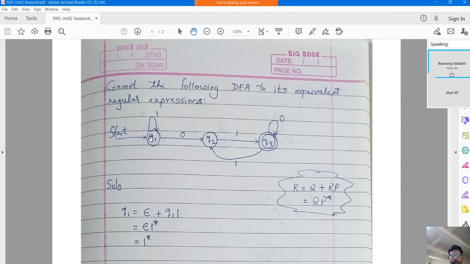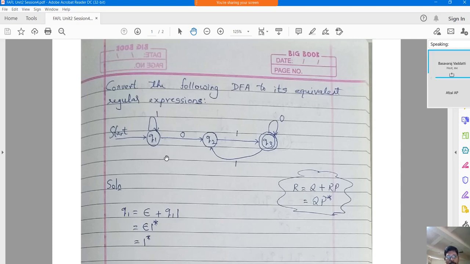What is the regular expression represented by Q1? Similarly, what is the regular expression represented or accepted by Q2? In the same way, we are going to write equations which correspond to regular expressions for these states of the given deterministic finite automata.